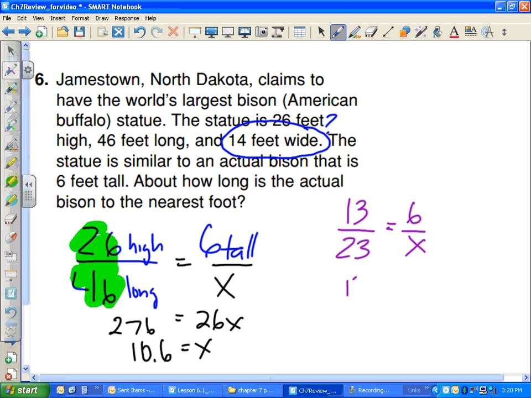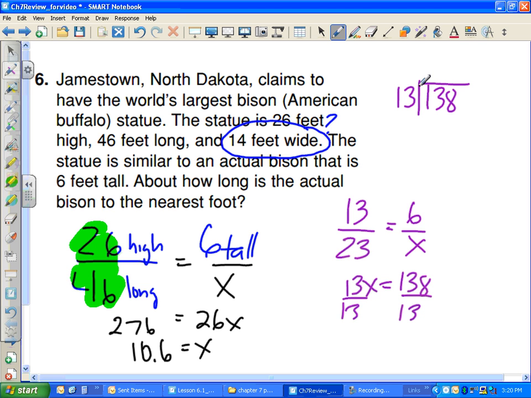That's 13x equals 23 times 6, and 23 times 6 is 138. I'm going to divide both sides by 13. 138 goes inside, 13 goes outside. I'm just giving you a little tutorial on decimals if you're bad at these.